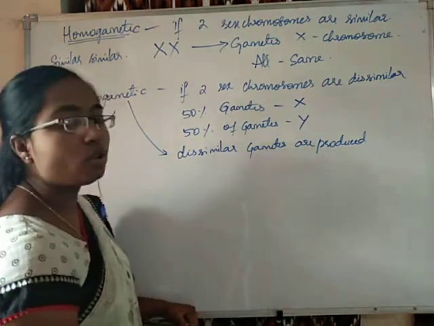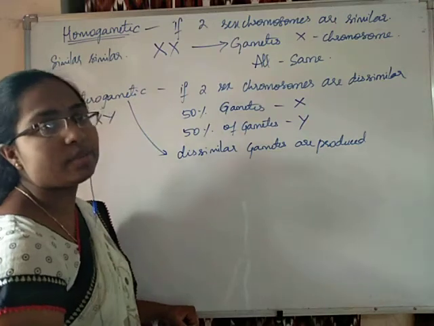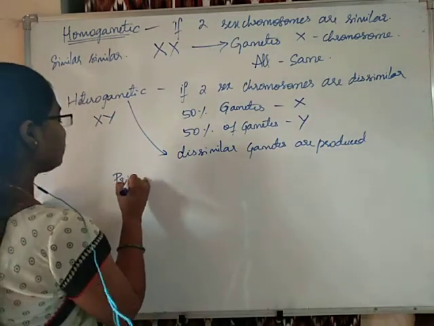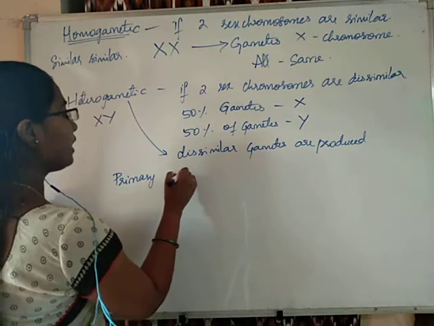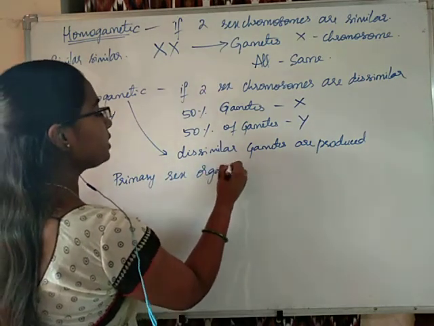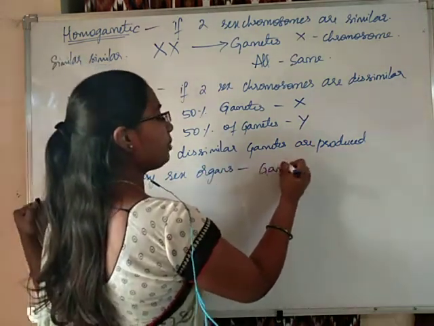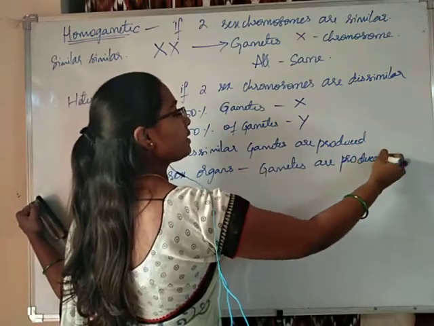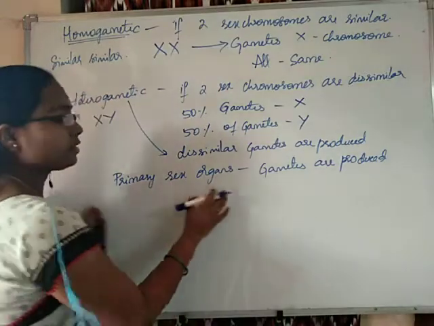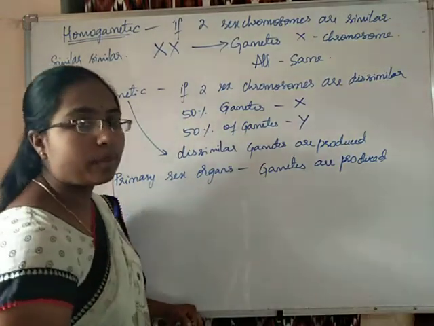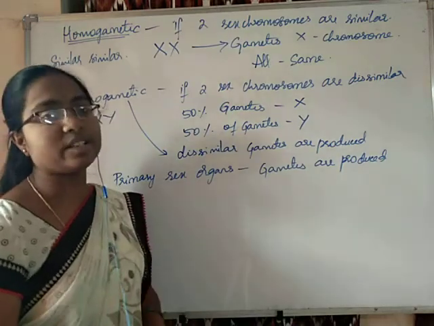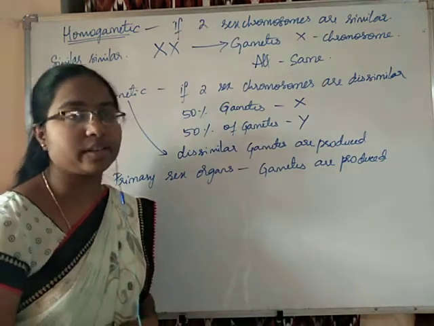Okay. Those organs from where the gametes are produced are called the primary sex organs. The primary sex organs are those places from where gametes are produced. Wherever gametes are produced, that is called a primary sex organ.